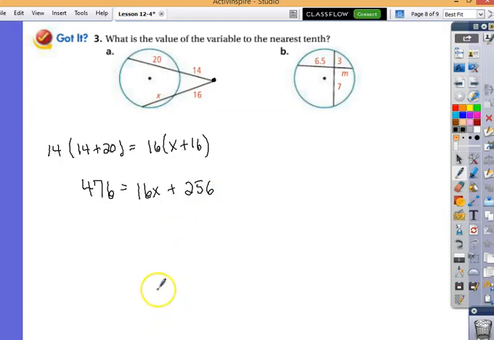Then I can just subtract 256 from both sides and get 220 equals 16x. It says to find my answer to the nearest tenth, so I'm okay with having a decimal answer here. It came out to be 13.75, but since it told me to the nearest tenth, I'll round off to 13.8. Any questions about that one?